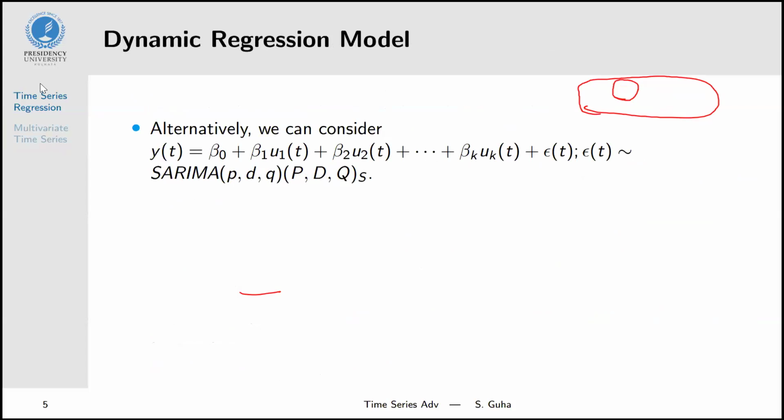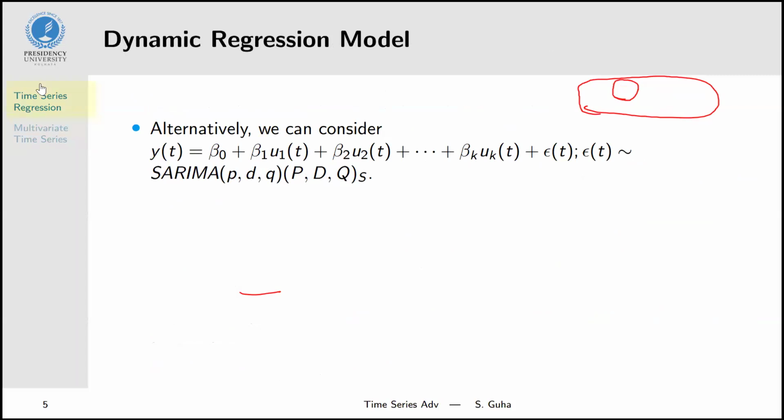Such a time series regression model has a name. They are called dynamic regression models. Okay. So what is the model equation? It is again very similar to the previous one, the usual linear regression model.